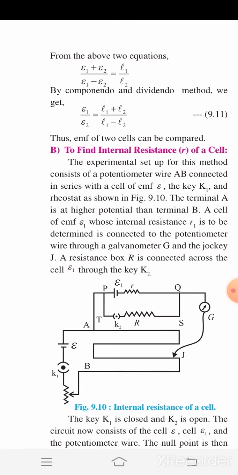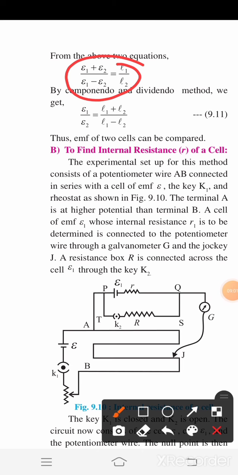So dividing equation first by second, we get E1 plus E2 divided by E1 minus E2 is equal to K L1 divided by K L2. By cancelling K from numerator and denominator, we get E1 plus E2 divided by E1 minus E2 is equal to L1 upon L2. Equation number 3. We apply the componendo and dividendo rule on this equation number 3.